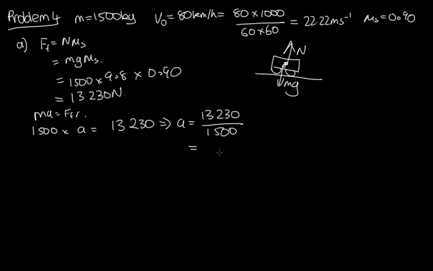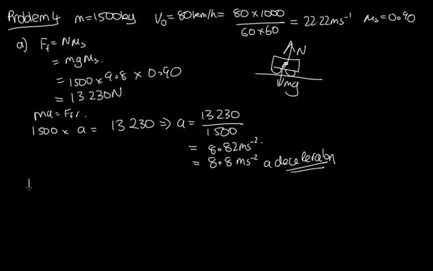Solving that on the calculator, we end up with 8.82 meters per second squared, which we should just give to two significant figures, so 8.8 meters per second squared, and this is a deceleration. It's slowing the car down.